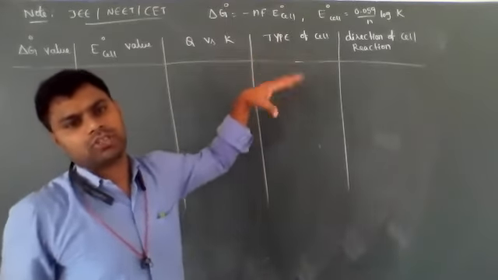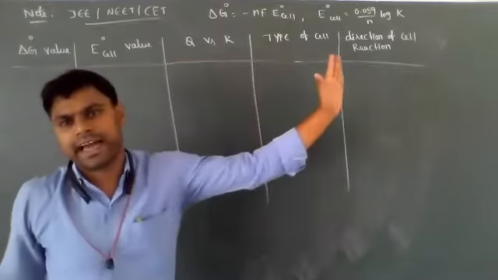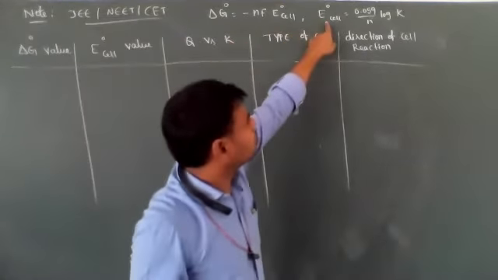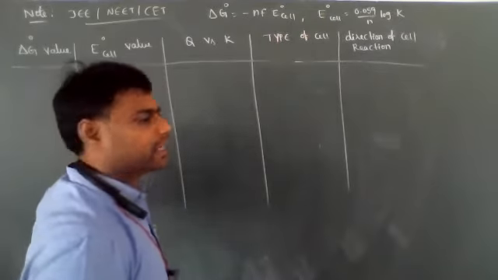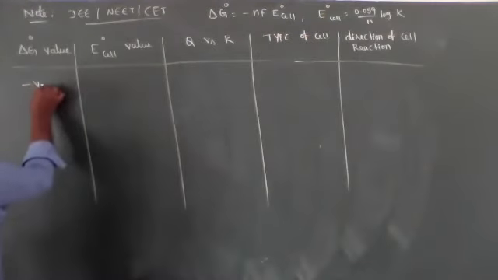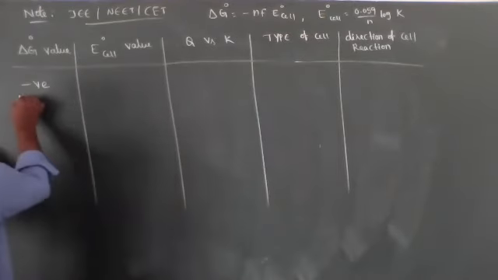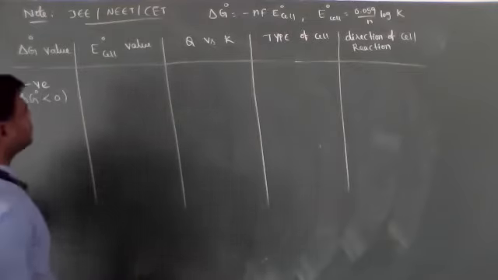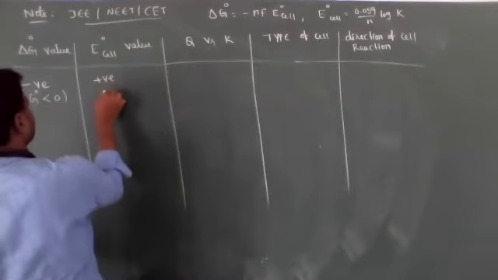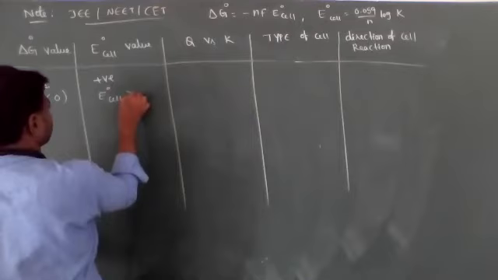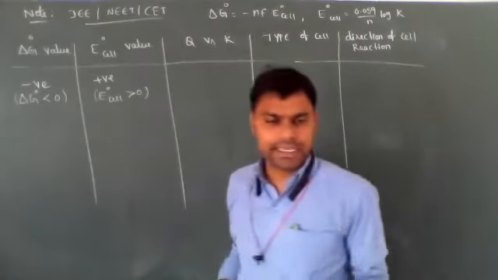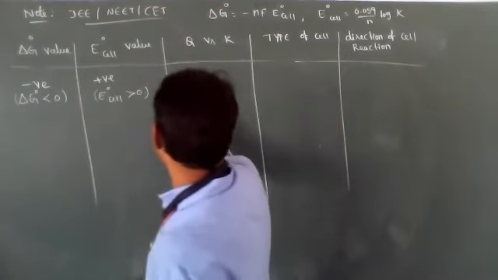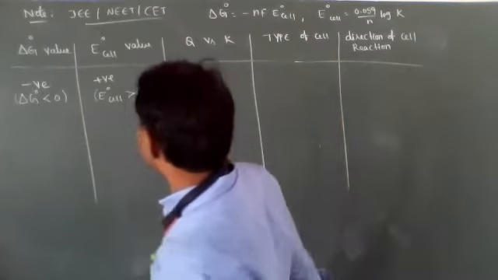If K is more than Q, the reaction takes place in the forward direction. When K is more, E0 cell is more, and delta G decreases. So delta G is less than 0, E cell is more than 0, and it produces electricity. The equilibrium constant is also large.